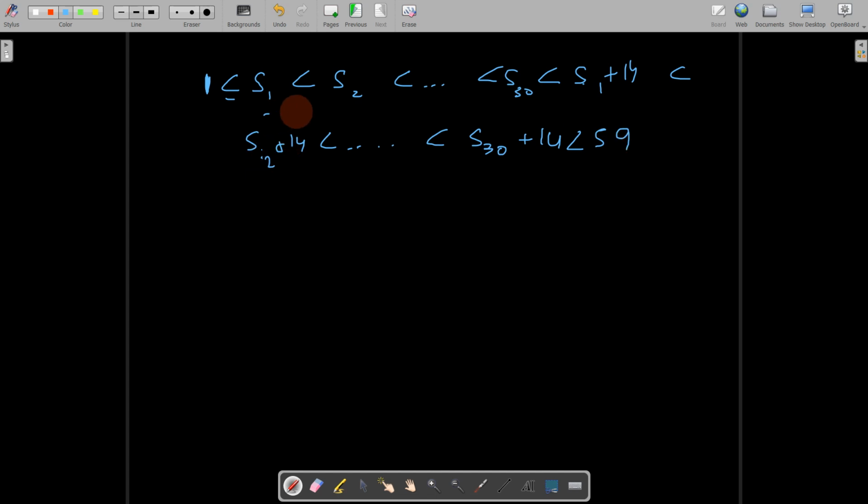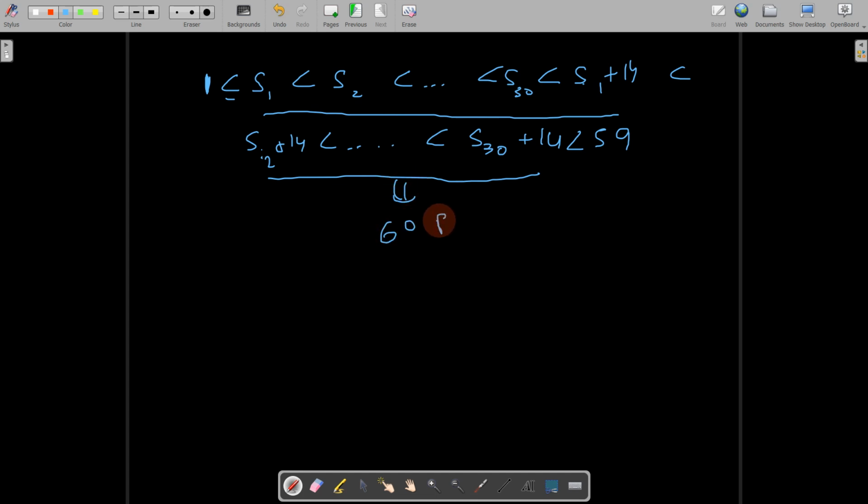So there are 60 terms in the series. These are our pigeons, 60 pigeons, and the values they can take, from 1 to 59 inclusive, are our holes.